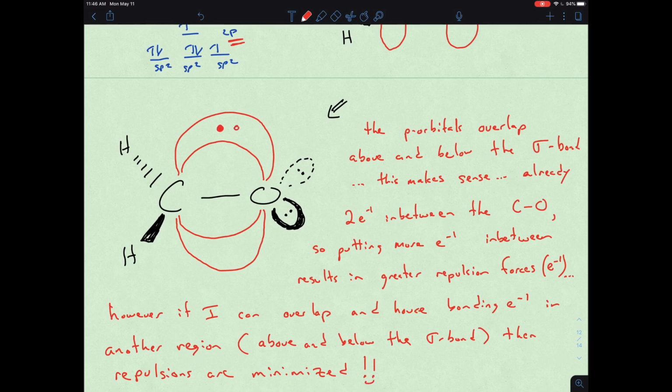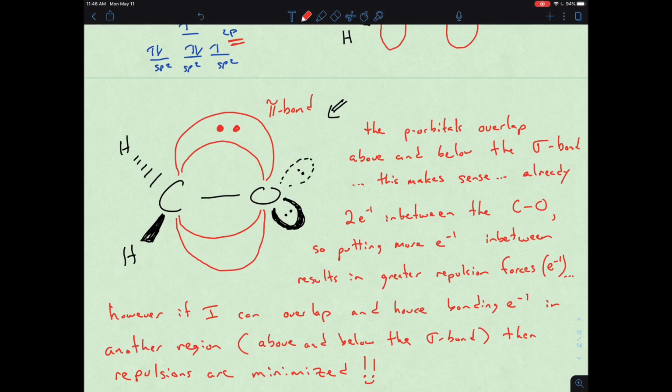So I got 2 electrons that are in this pi bond, right? And the pi bond is the overlap above and below the actual plane of the carbon-oxygen sigma bond.